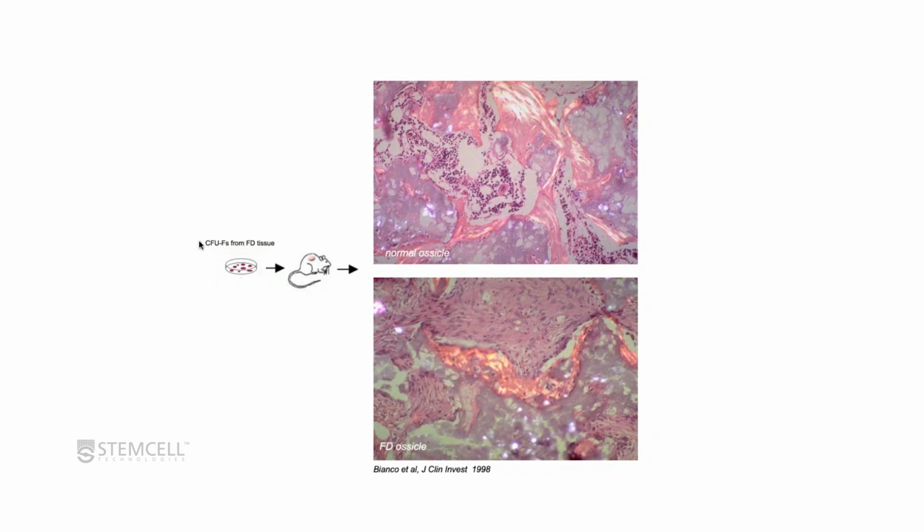And when these Gs-alpha mutated colony-forming units are transplanted at heterotopic sites along with their normal counterpart, they regenerate fibrodysplastic ossicles. I would like you to note here that this is an example of how a human genetic disease can be transferred into immunocompromised mice by using postnatal skeletal stem cells.